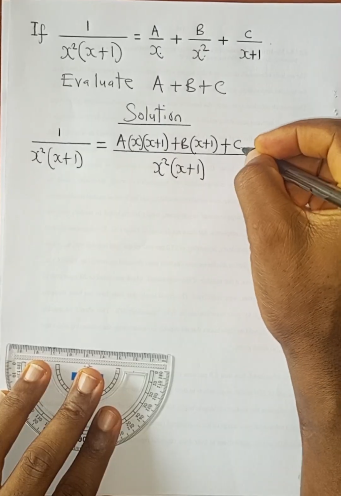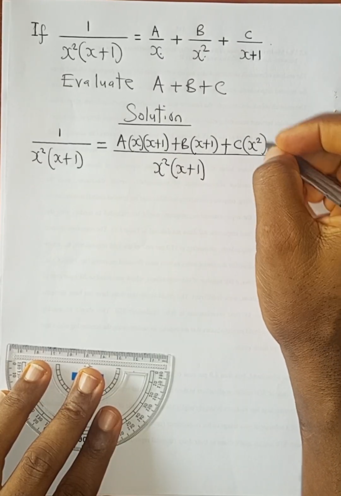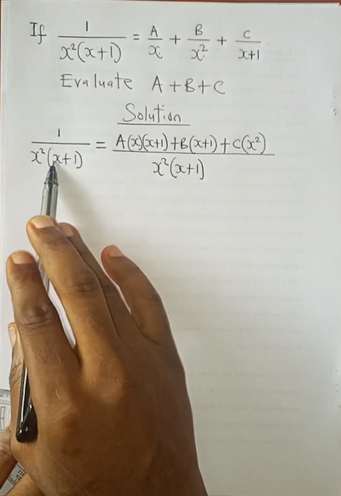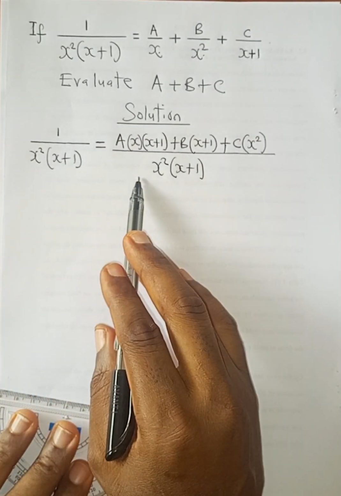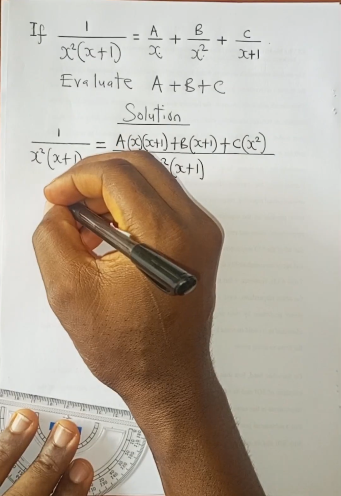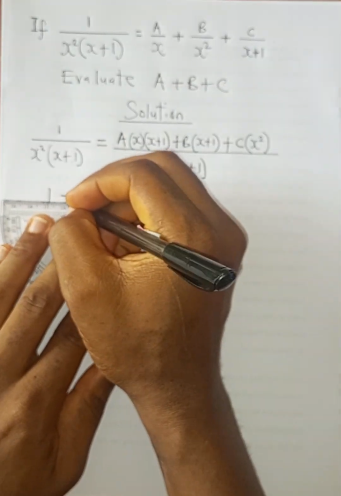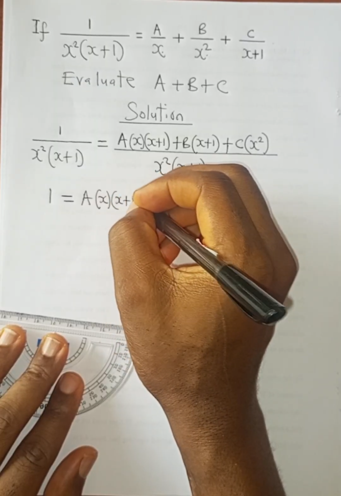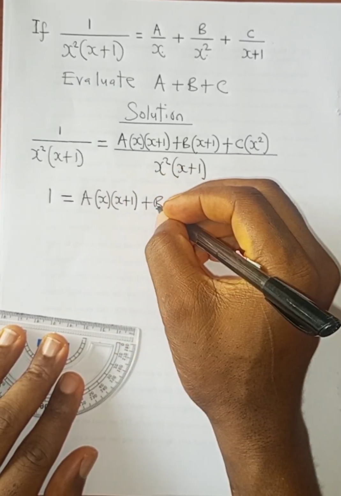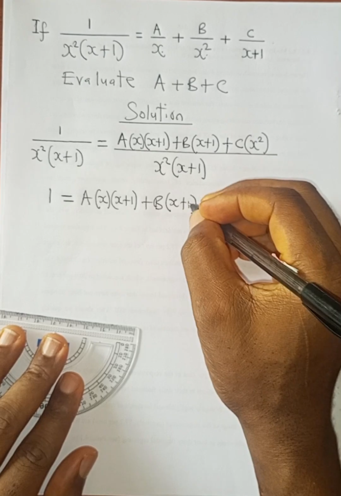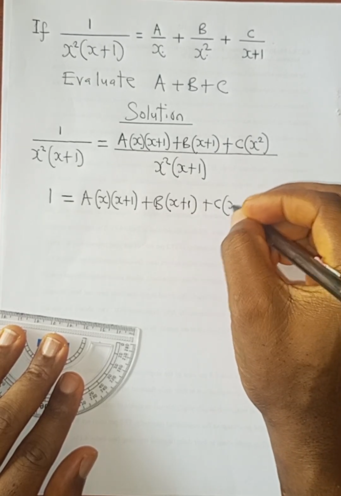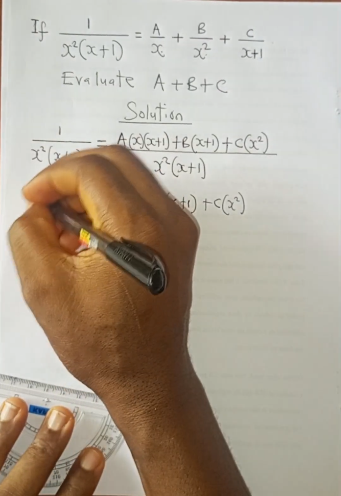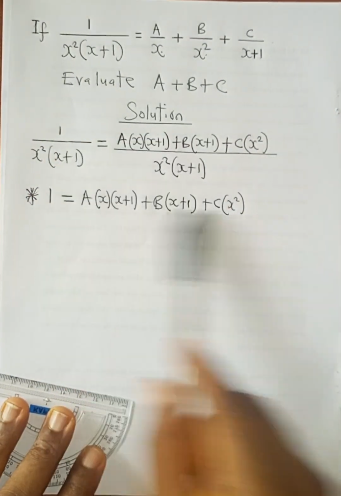So you have plus C bracket s squared. I've told you that you don't need to cross multiply. Since the denominator is the same, this will cancel this. We are left with 1 equals A bracket s times s plus 1, plus B bracket s plus 1, then plus C times s squared. Now, how do we find the value of A, B, C? This is what we will use to find A, B, C, this thing here.